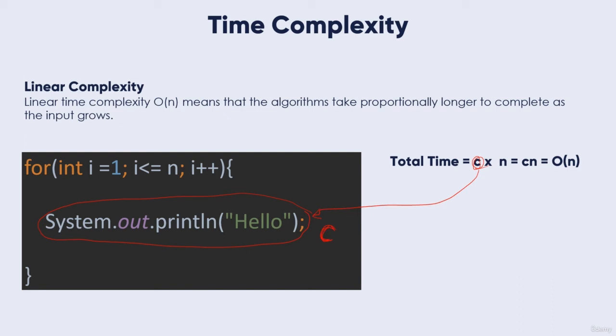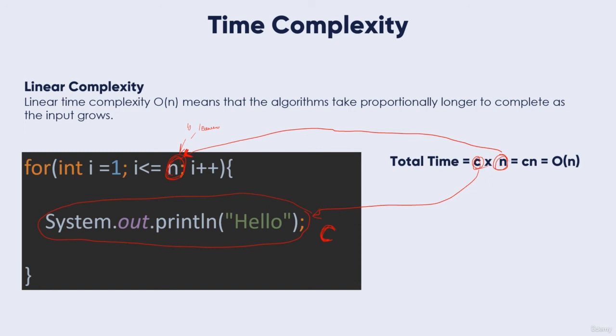And n here is from the loop because this loop will be stopped at n. So the number of iterations through this loop depends on the value of n. If I enter 10, it will be executed 10 times. If I enter 1 million, it will be executed 1 million times. So it depends on the n value.